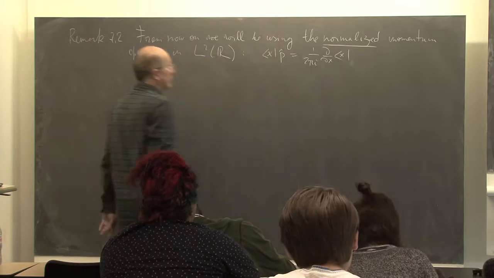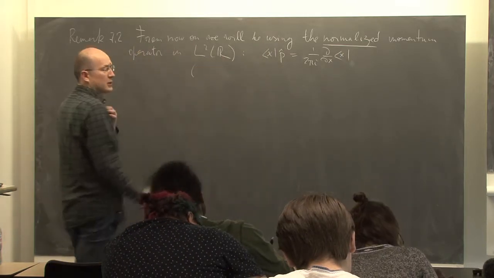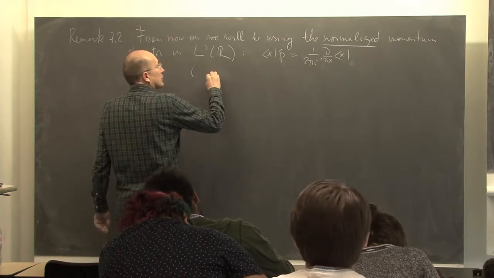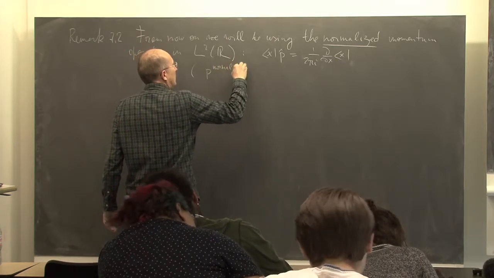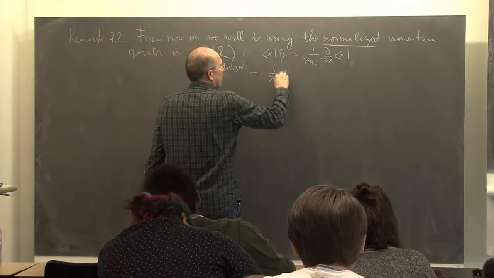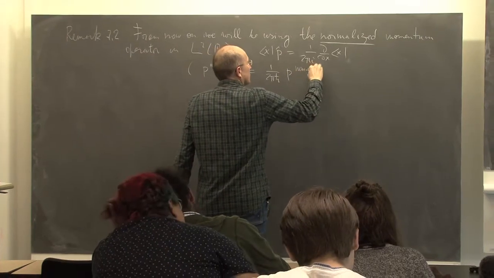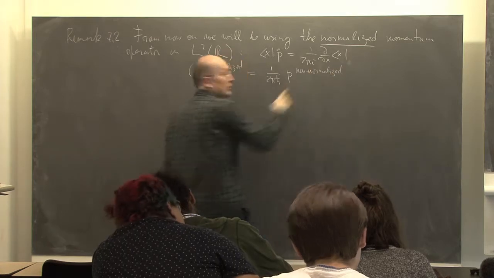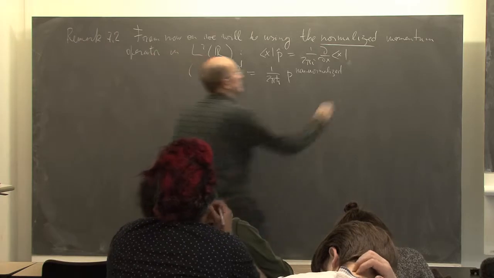So if you compare with the formula we used in the first lecture, maybe, this p normalized is 1 over 2 pi h bar times p non-normalized. This is the old p which we used, and this is the new p which we'll be using from now.